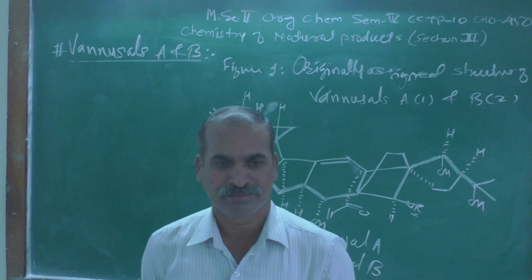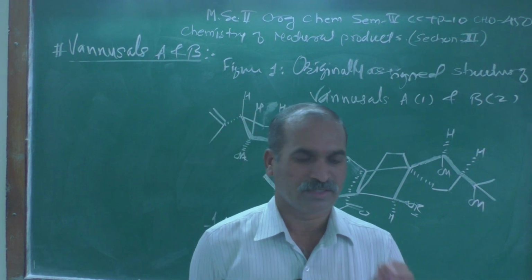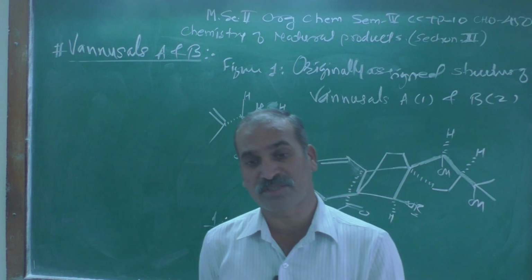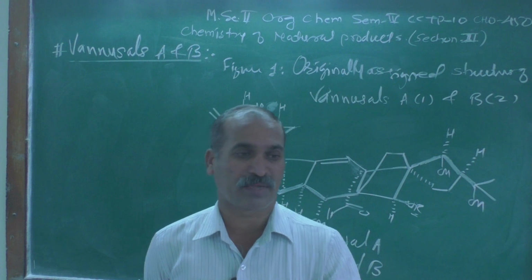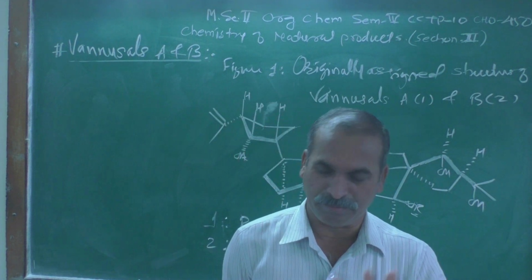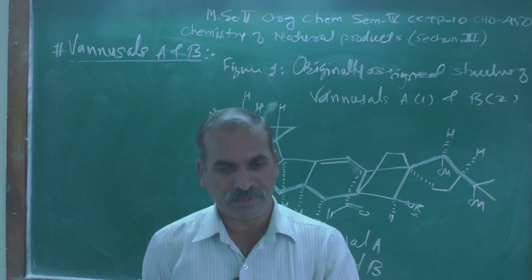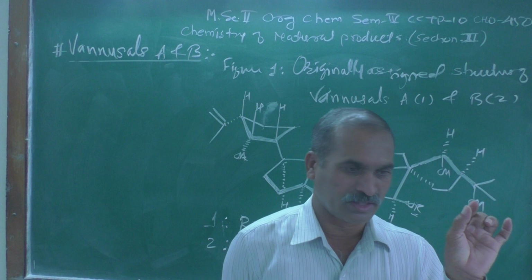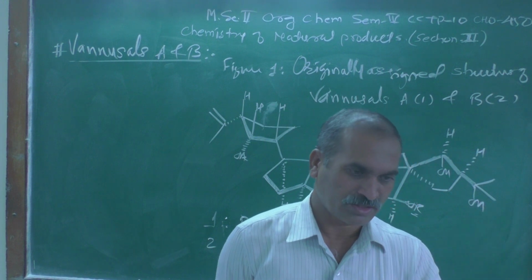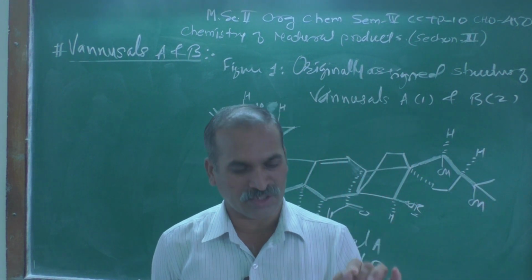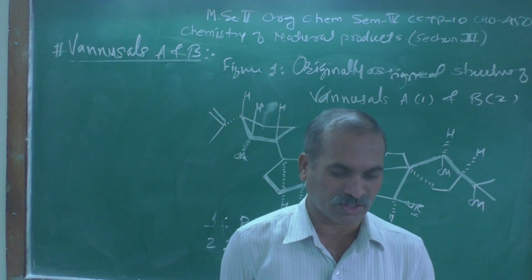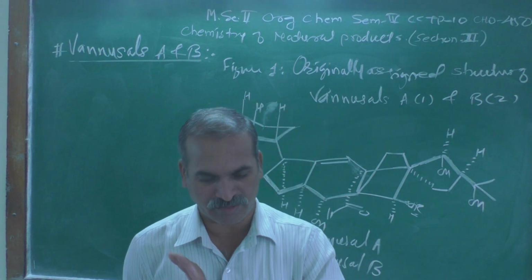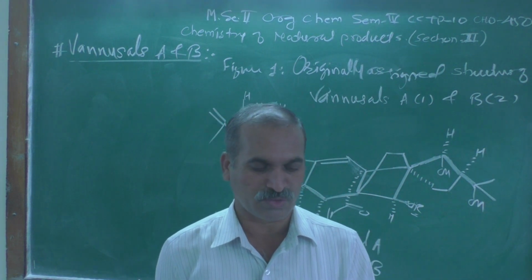If you count carefully, you will find there are 6 rings present in Venustatriol A and B. The difference between the two is that in Venustatriol A there is an acetyl group at that particular position, and in Venustatriol B there is a hydrogen atom. That is the major difference between these two.